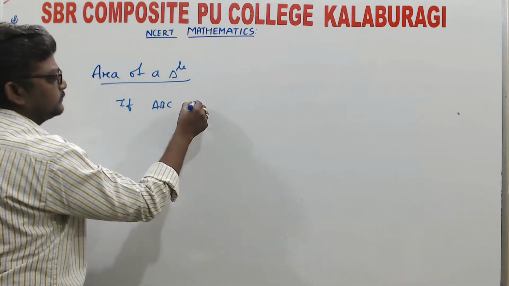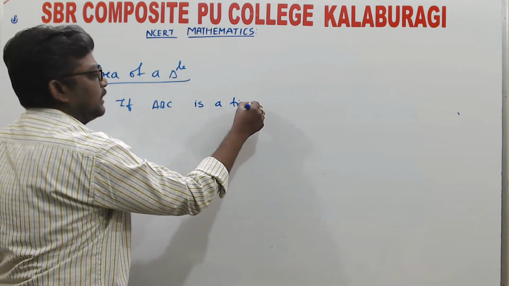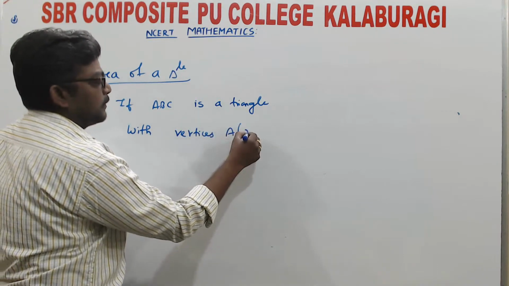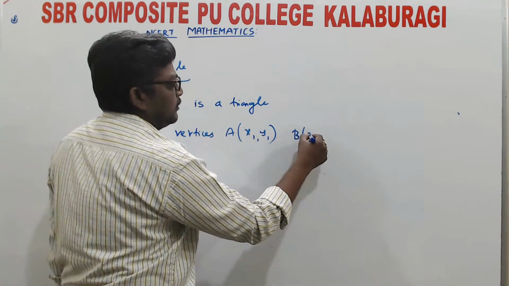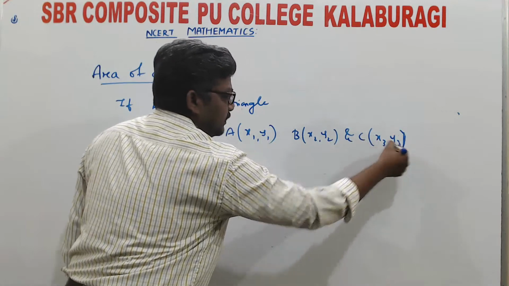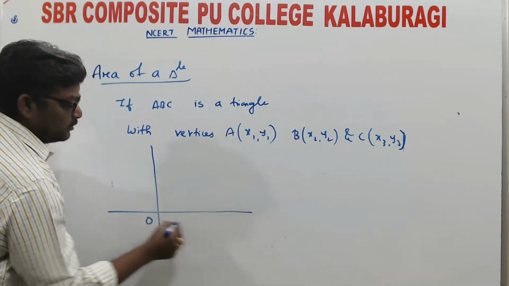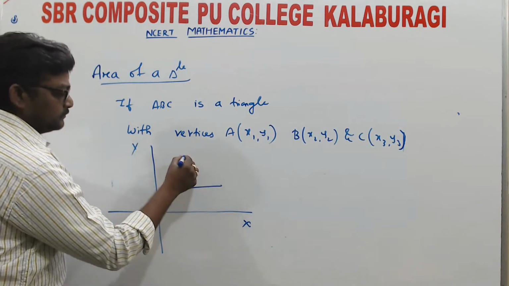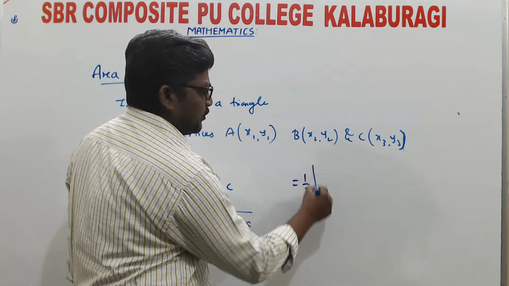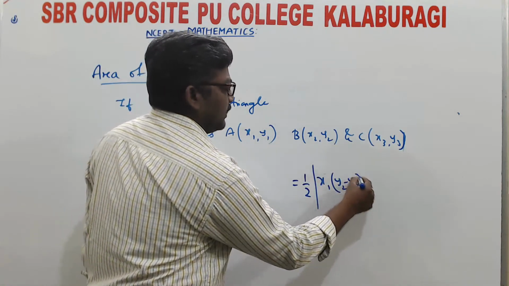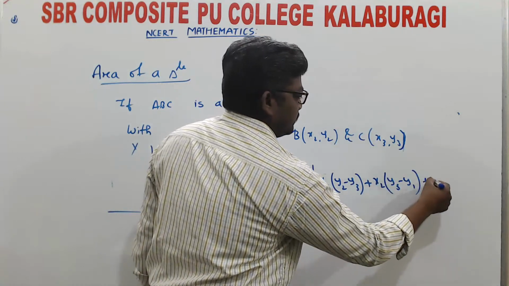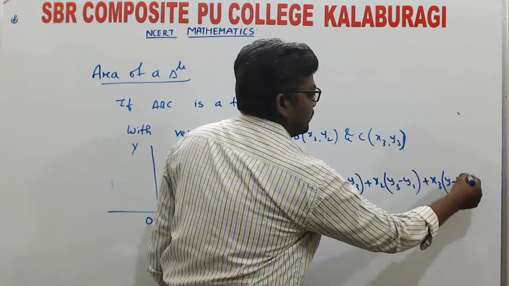If ABC is a triangle with vertices A(x1, y1), B(x2, y2), and C(x3, y3), with x-axis, y-axis, and origin O. This formula we derived: area of a triangle equals half modulus of x1(y2 minus y3) plus x2(y3 minus y1) plus x3(y1 minus y2), modulus.